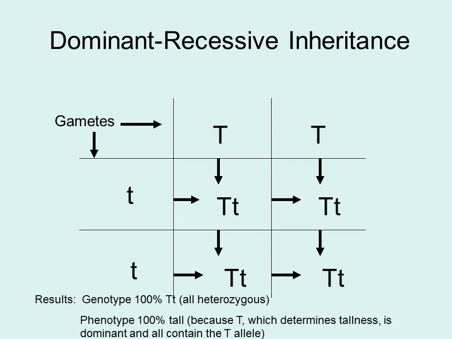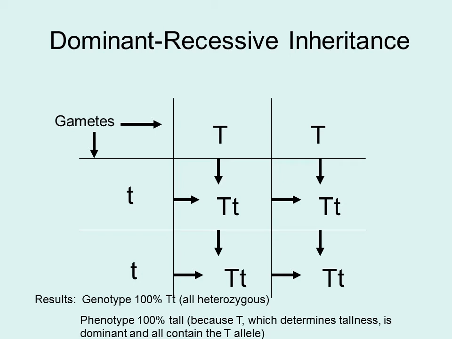As you notice, for the potential offspring, all 4 of those blocks are big T, little t. So you would say the genotype, remember genotype essentially are the letters. It's what's on the chromosome. So genotype would be 100%, 4 out of 4, big T, little t.